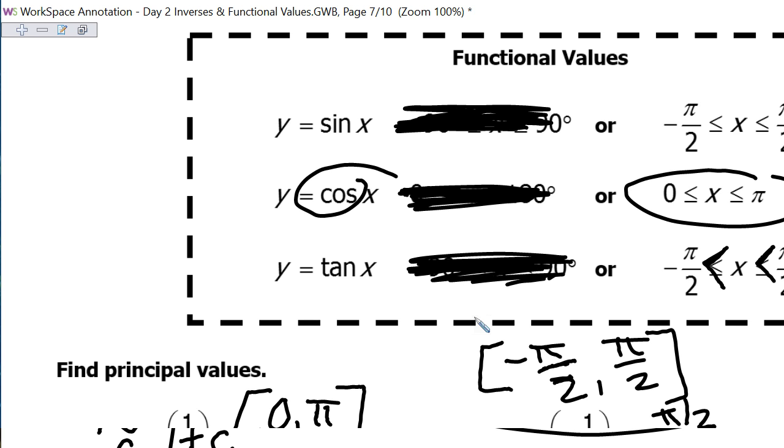What would the reference angle be? What angle has a sine of 1/2? Pi over 6. Yeah, 30 degrees, which is pi over 6. And what would that reference angle be down here in quadrant 4? So what would the angle be? 330 degrees, which would be 11 pi over 6. Okay, so you're saying 11 pi over 6 falls right in here. Is that between negative pi over 2 and positive pi over 2?